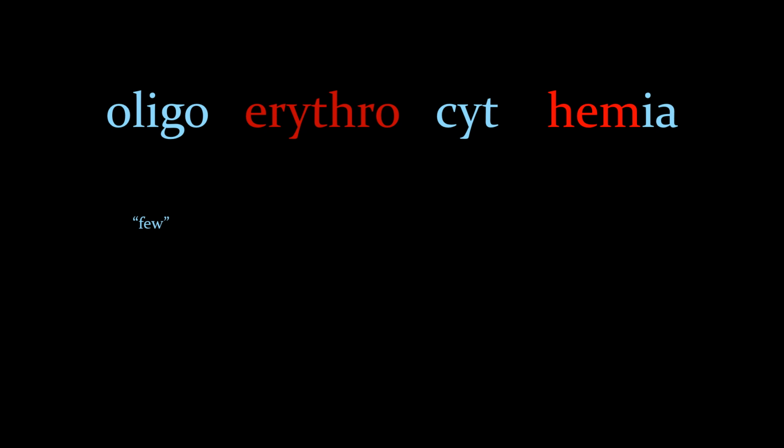Erythro is the Greek word for red, or one of them. And we have cell there. And HEM pertains to the blood. So here we have an insufficient number of red blood cells.